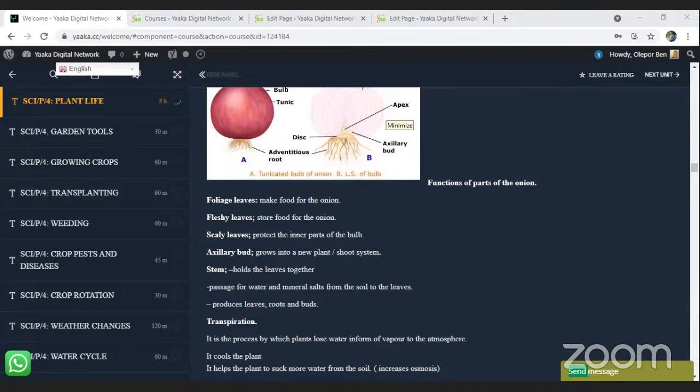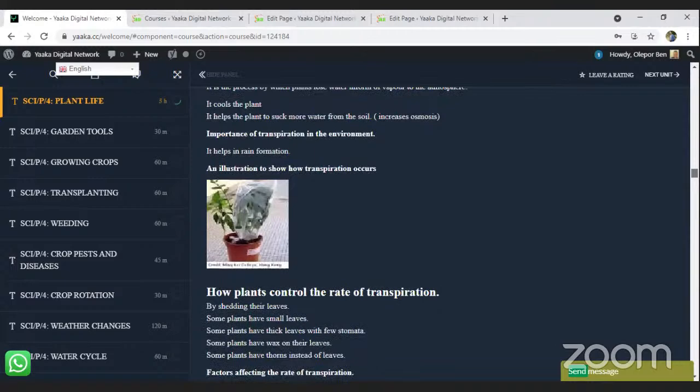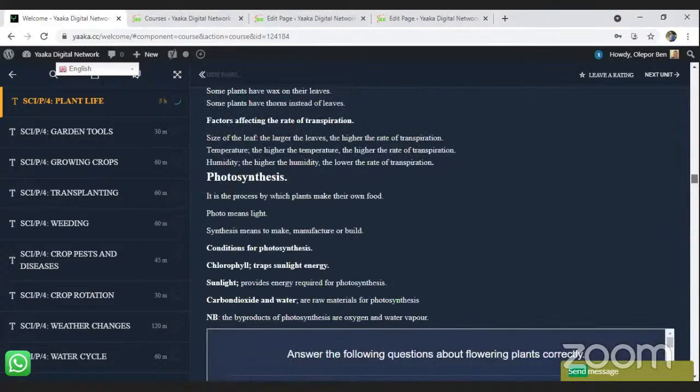So any other thing? No, teacher. Okay, so I want to thank you so much for the good work. So continue now. When you still have time, you can continue going through transpiration. You draw that diagram very well. You also look at the factors affecting the rate of transpiration.